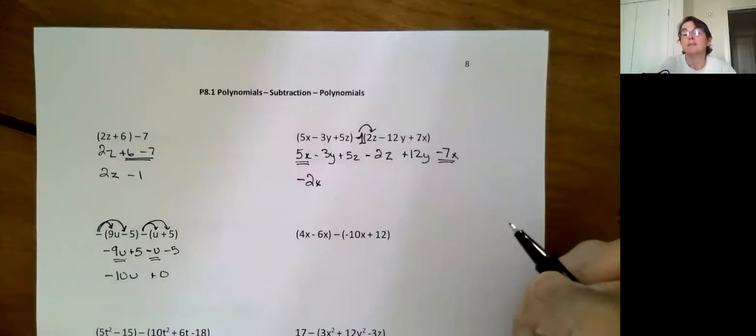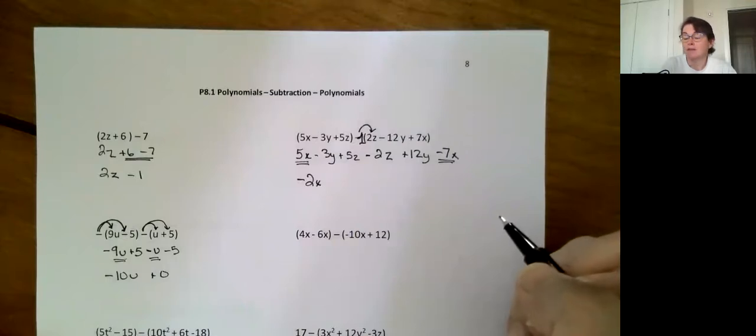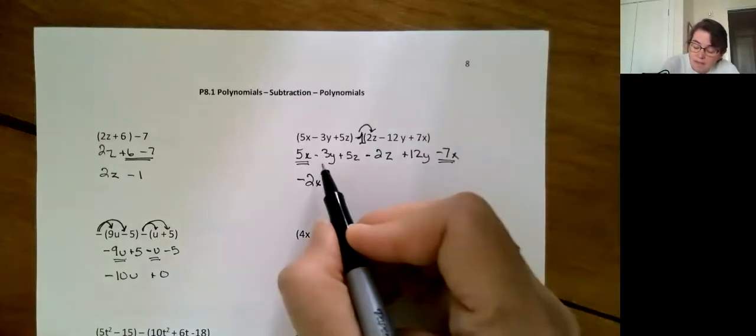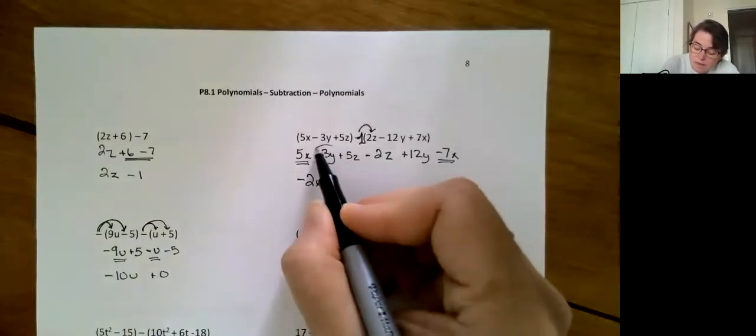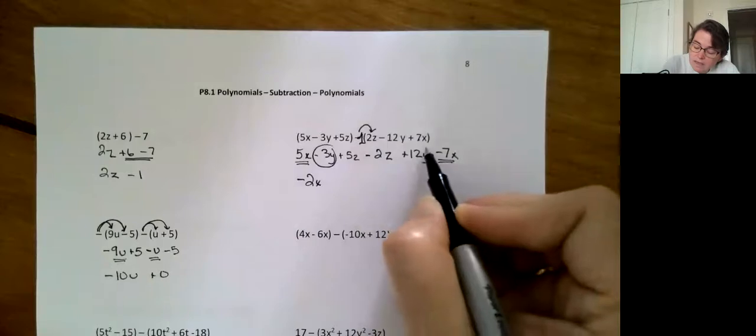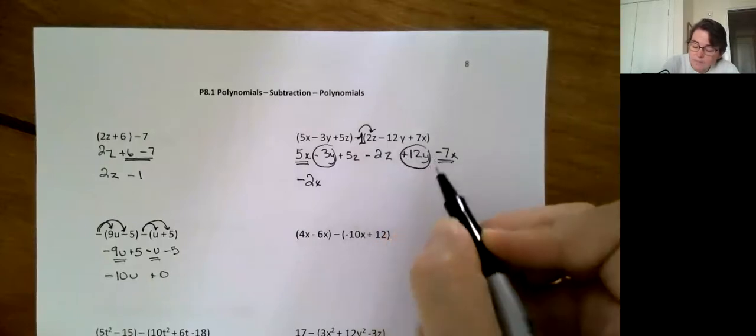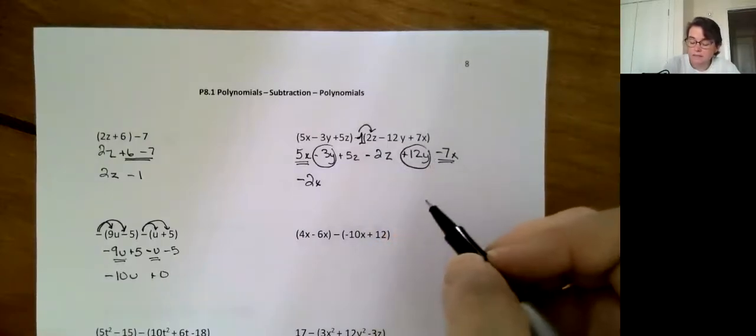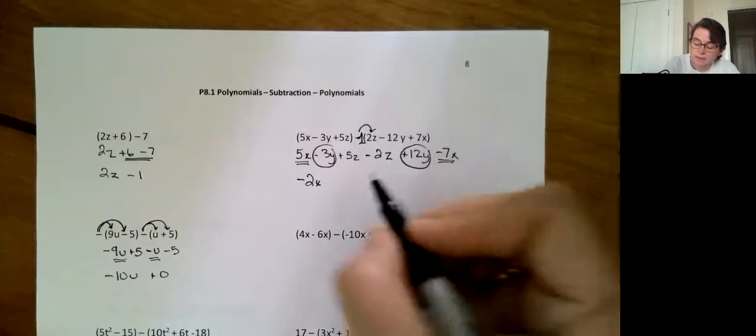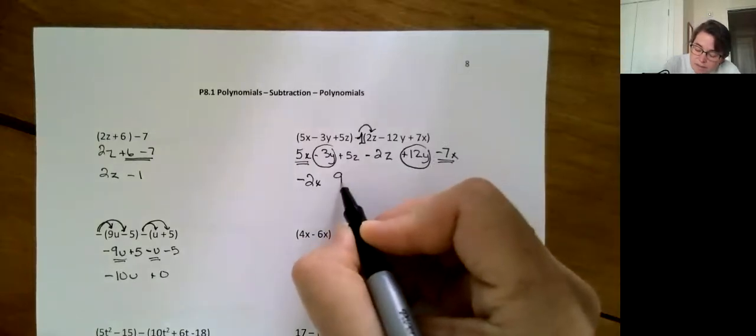If you are not awesome at subtracting signed numbers and integers, look at some of the other videos I've put together, or find a worksheet, so that you become good at that, so that you're not depending on your calculator all the time. Now we've got minus 3y and plus 12y. Signs are different, so I subtract. That's going to give me 9y, and the sign of the bigger.